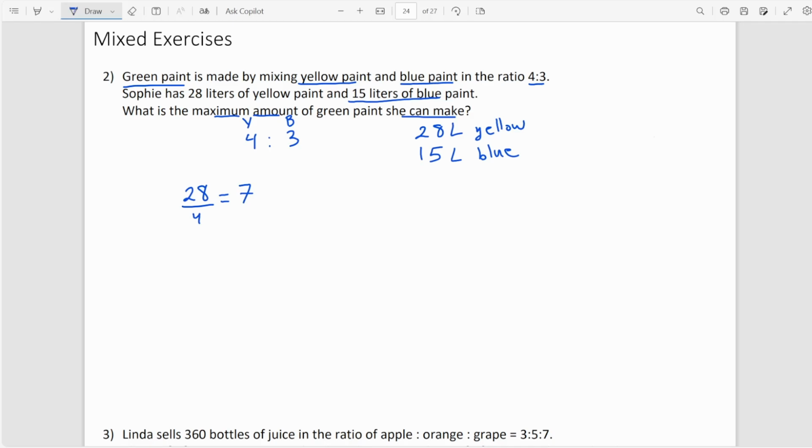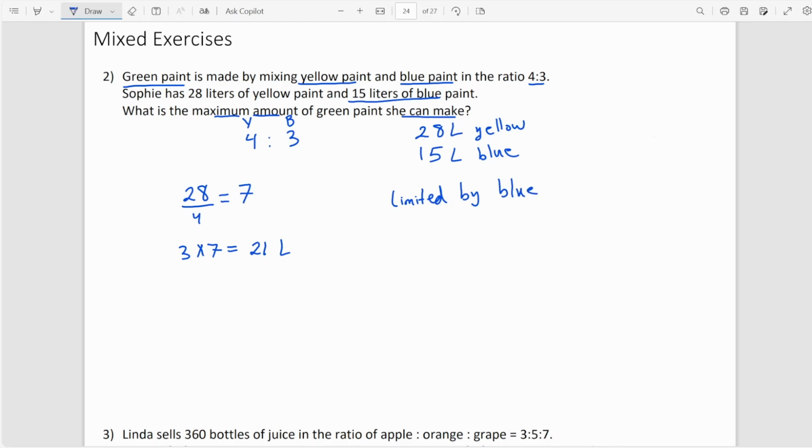All right. Now, the amount of blue I need is going to be 3 times 7, which is 21 liters. But I don't have that amount of blue, do I now? I only have 15 liters. So that means I'm limited by the blue amount I have, okay?